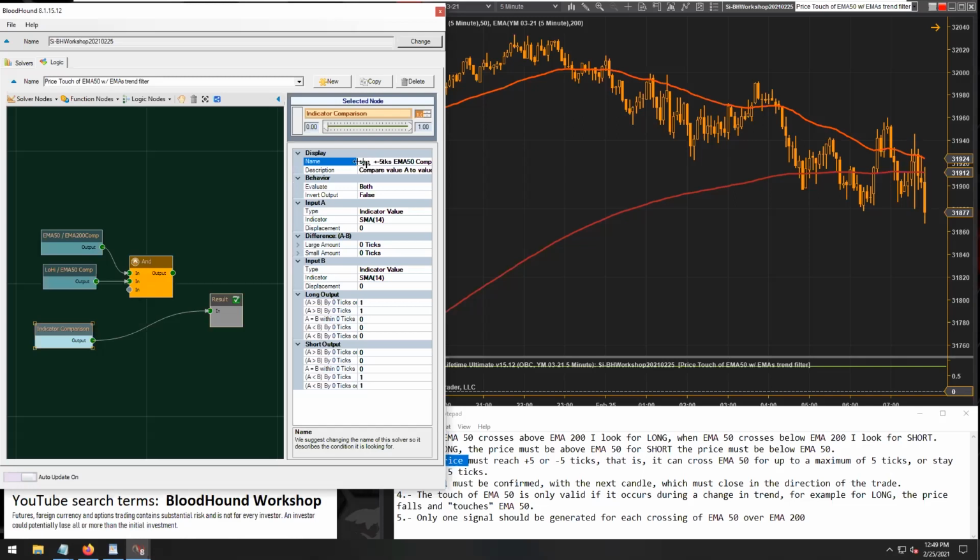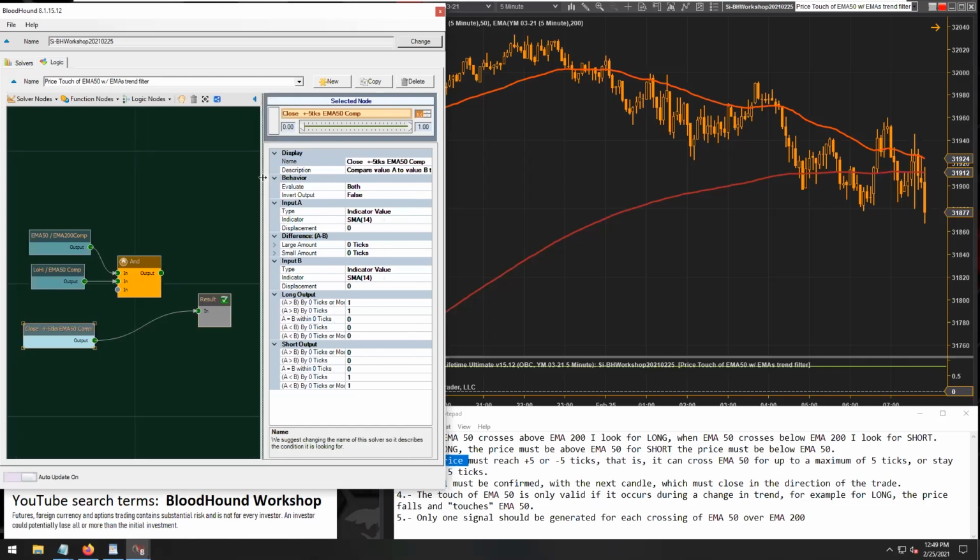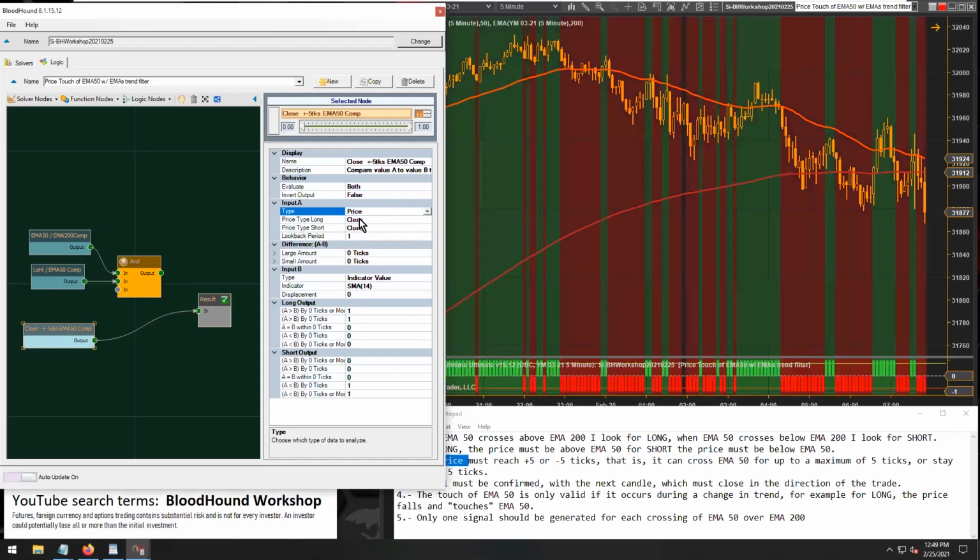All right, so there's a name for our solver. We're checking to see if the closing price of the bar gets within plus or minus 5 ticks of our EMA50. So input A, that's going to be the closing price.